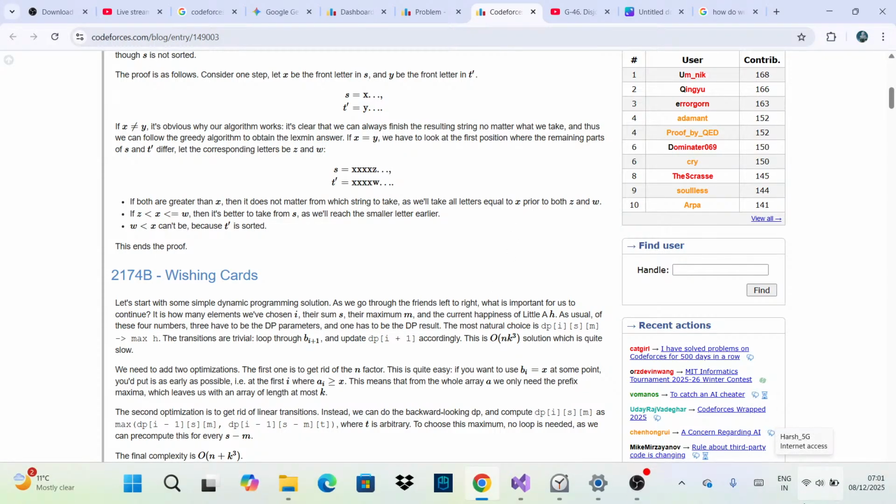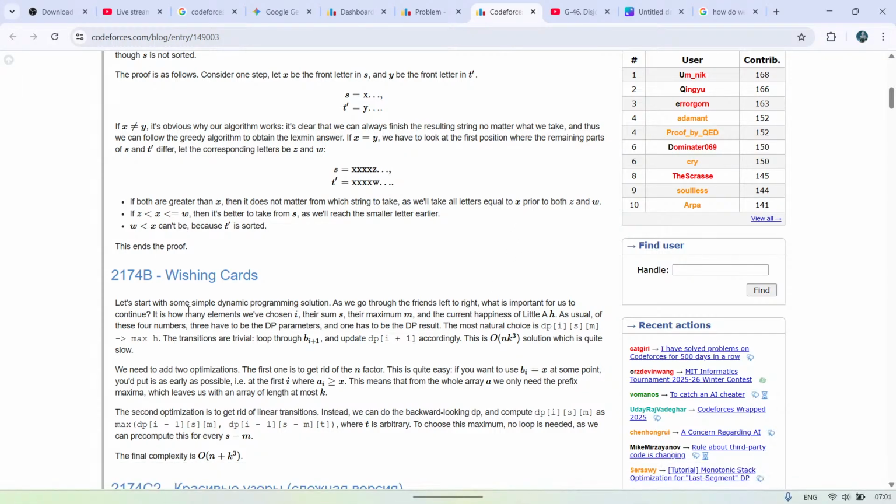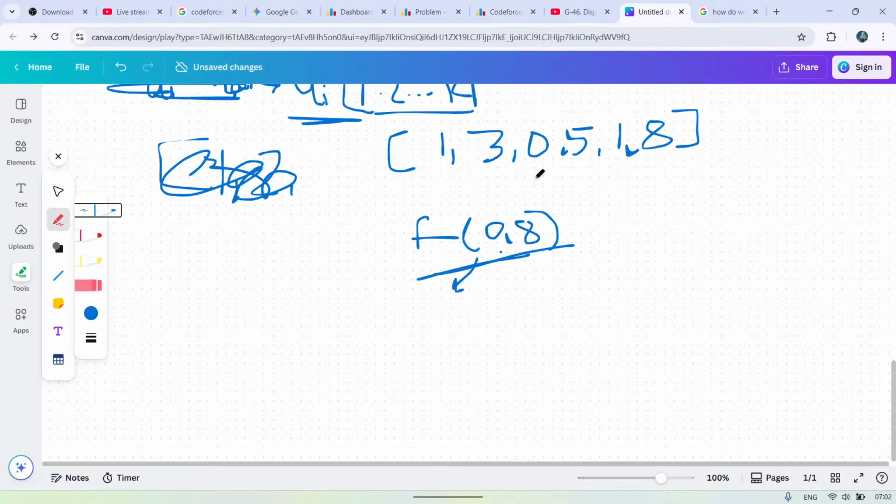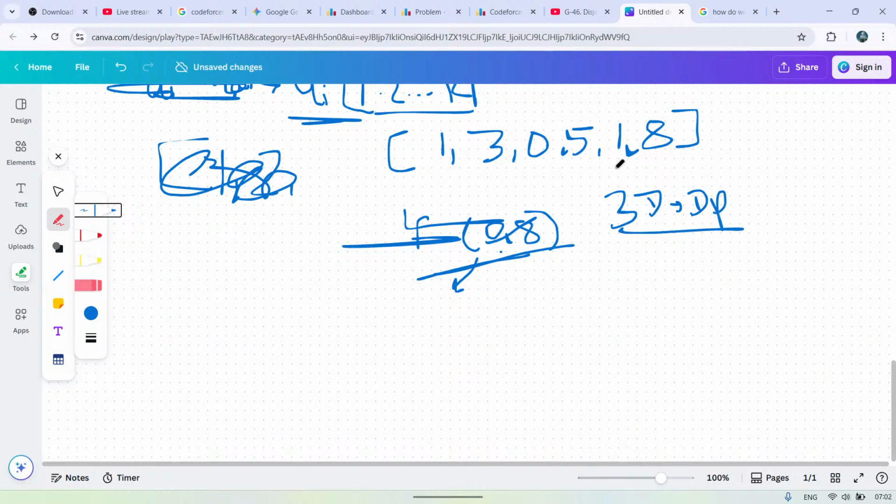Okay, it's a 3D DP problem. Let's start with some simple dynamic programming solution as we go through the friends left to right. What is important for us to continue? Okay, so it's not a 2D DP, it's a 3D DP, guys. So we have this 1 3 0 5 1 8, right?